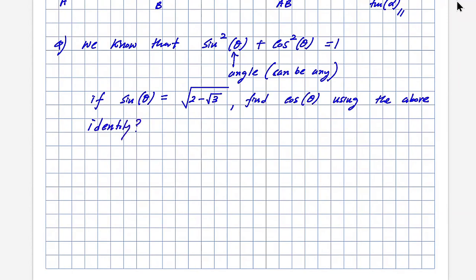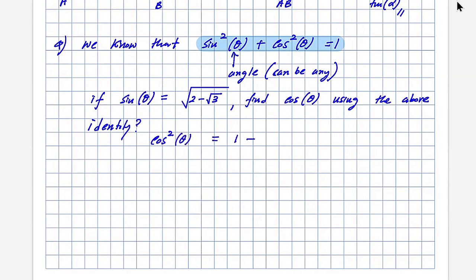Okay, let's see how you do it. So you need to find cos theta, right? So now you have to use the identity. If you look into the identity, you can see cos. So I'm going to make cos squared theta the subject.